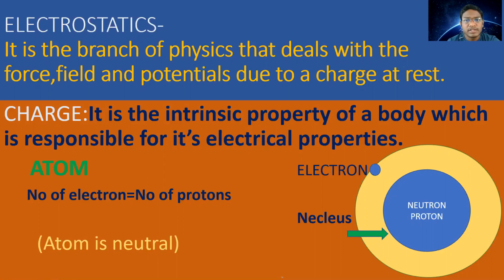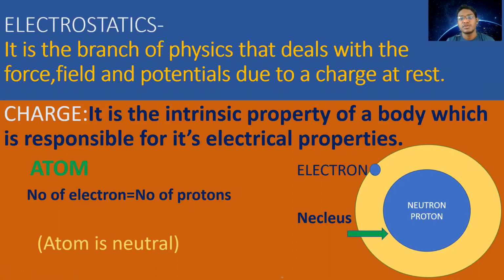It is the branch of physics that deals with the force, field, and potentials due to a charge at rest. We'll discuss force, field, and potential in detail later. These three words may seem a bit difficult now, but later on we will study all that.